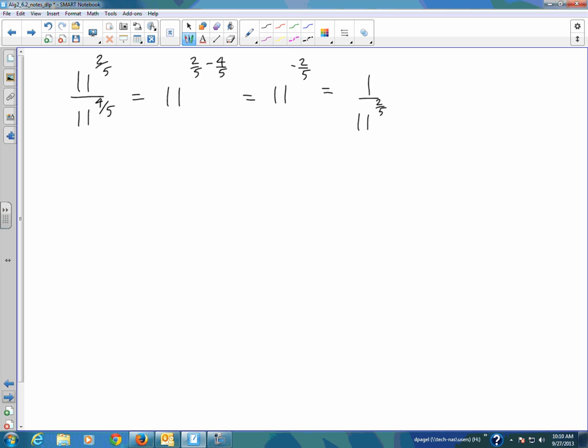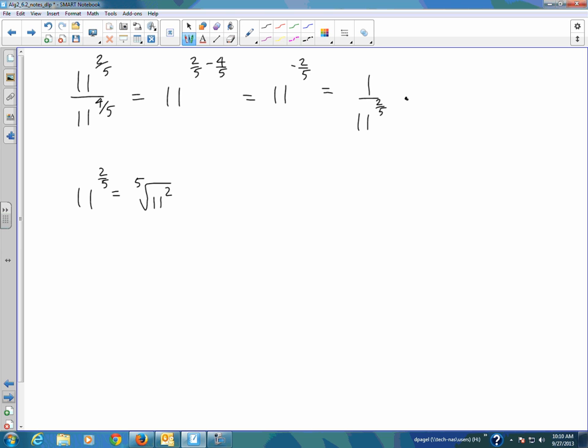Now, 11 to the 2/5, remember, is actually the 5th root of 11 squared. And we don't want radicals down there. So I'm going to show you how you can work with exponentials and rationalize them. Instead of changing it to a radical, you can work directly from the exponential.